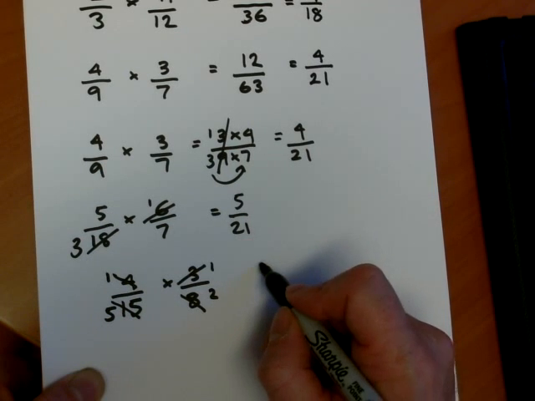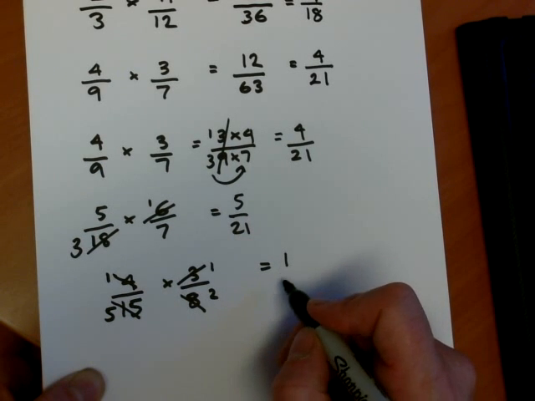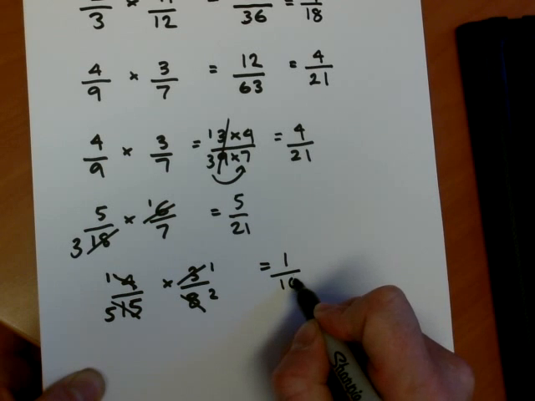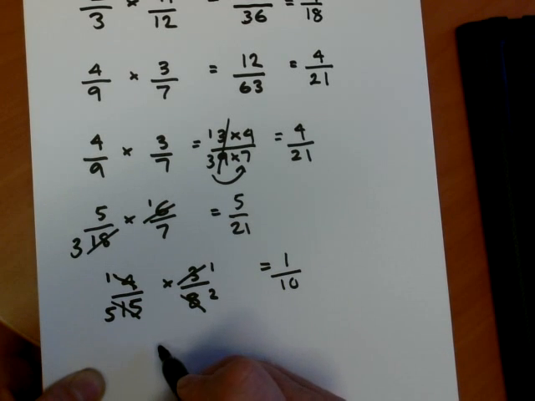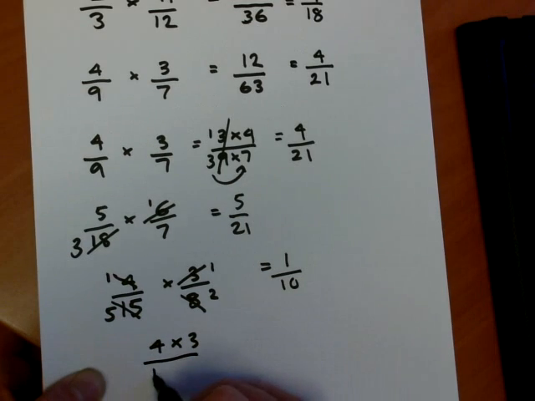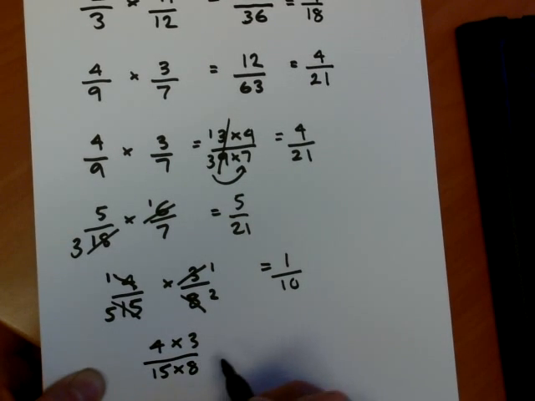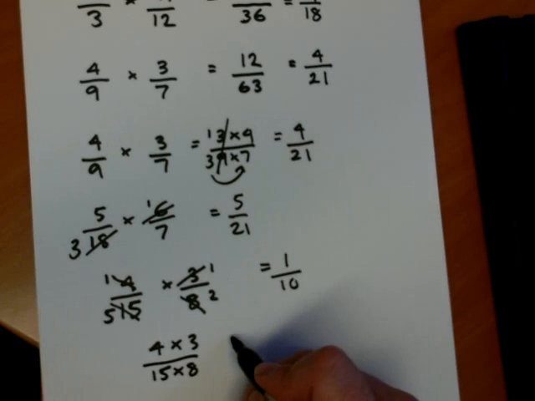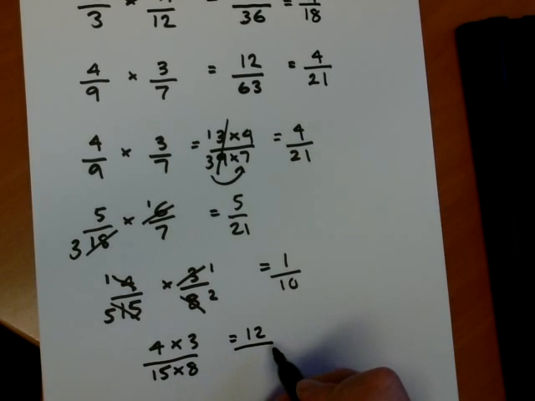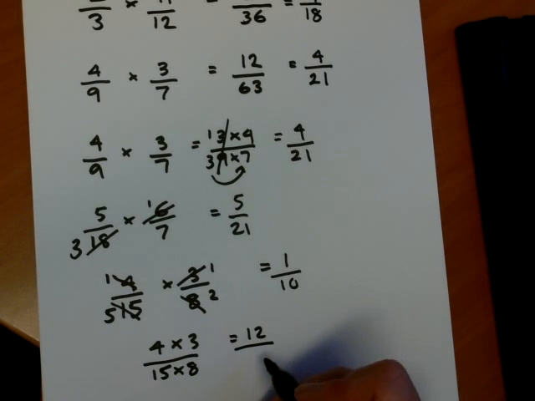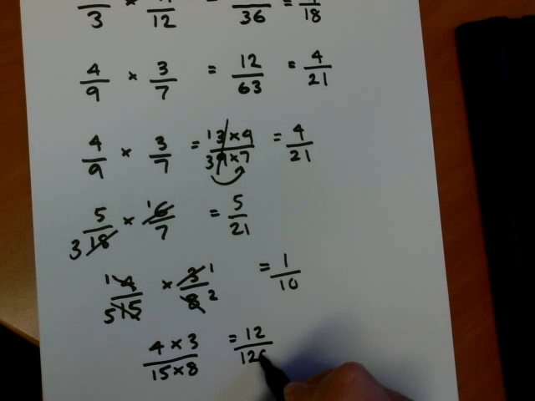So we get 1 times 1 is 1, and 5 times 2 is 10. That doesn't look quite right actually, I'm going to just check that again. 4 times 3 over 15 times 8, oh yes, it's definitely correct. 4 times 3 would have given me 12. 15 times 8 is 120.